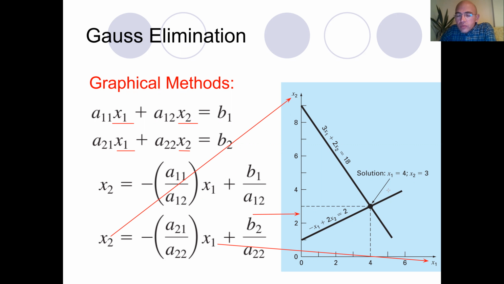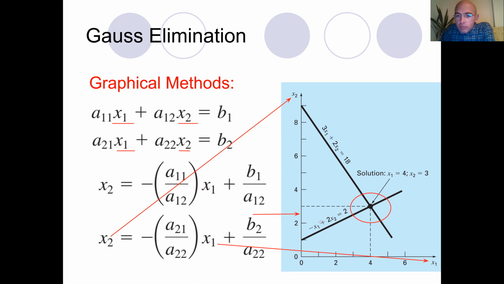So we will have two lines, and certainly the intersection of these two lines will give me the solution for the two equations. So therefore I need to find the point where they intersect. This is the graphical method indeed.